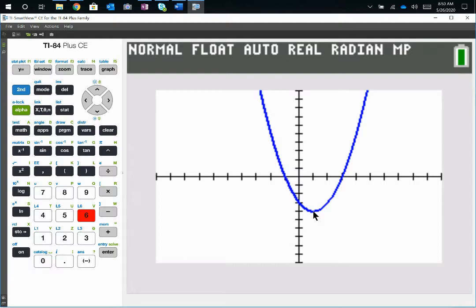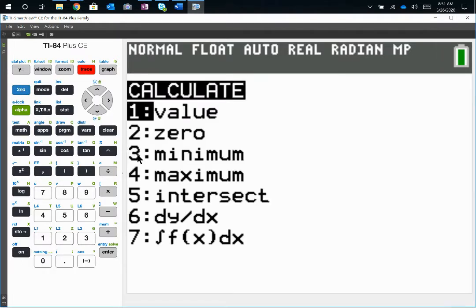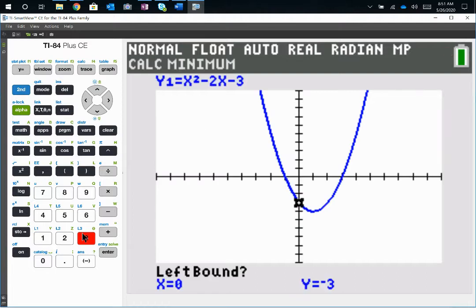If you wanted to ask the calculator to compute that minimum point, you press second, calculate number 3, minimum. And what you want to do is go slightly to the left of that minimum point and press enter.